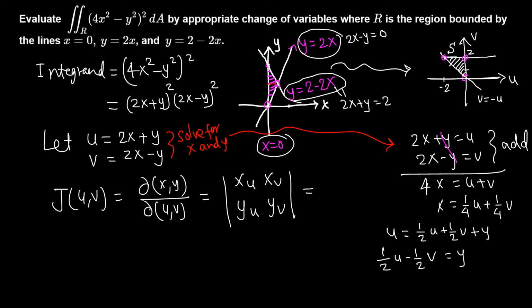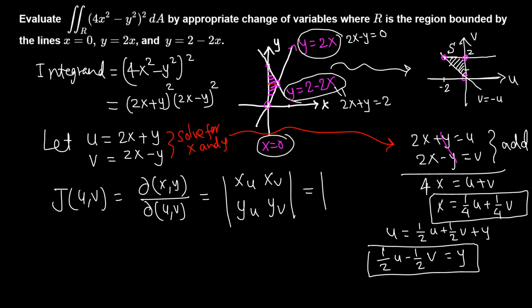So we have x and y, and we can find the Jacobian. The partial of x with respect to u is 1/4, with respect to v is 1/4; for y, with respect to u is 1/2, and with respect to v is negative 1/2. Multiplying, this is negative 1/8 minus 1/8, which is negative 1/4. So the Jacobian is negative 1/4.